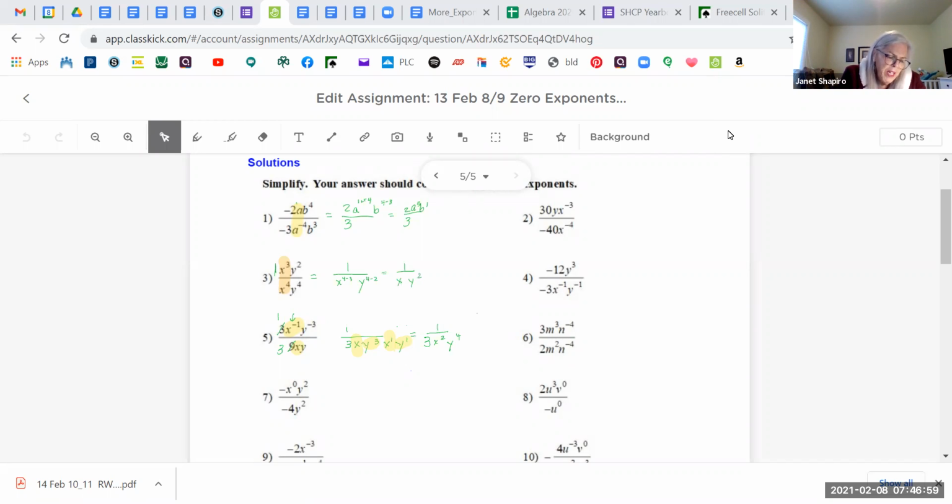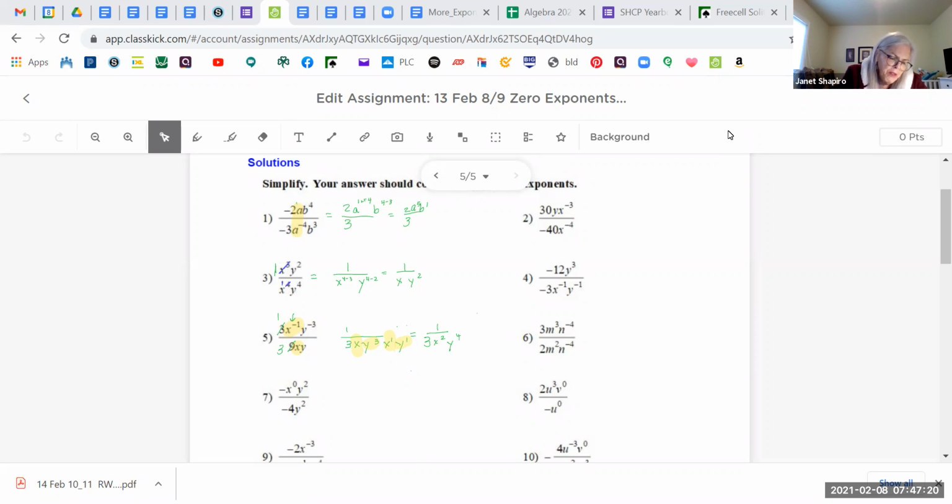All right, here's another way to look at this problem. If I go back to the original, I could cancel. I have x to the third in the numerator, and I'm going to cancel that 3 down below. So that leaves me with just x to the first power.